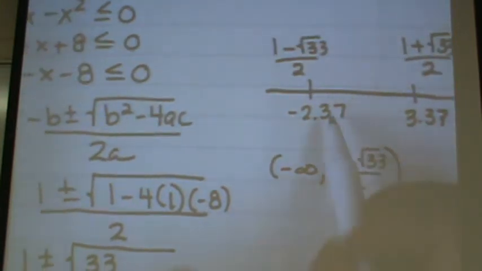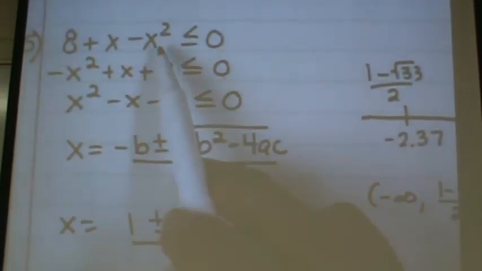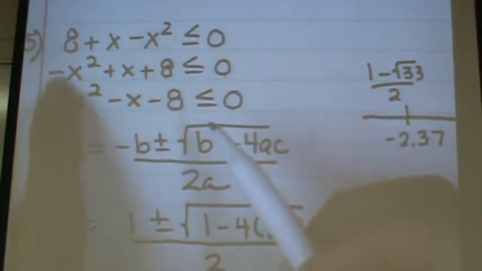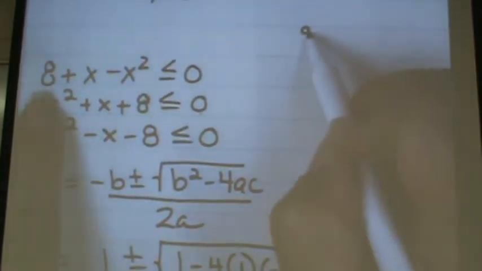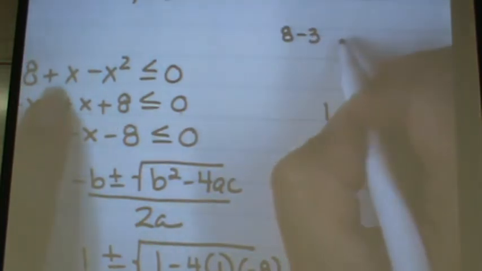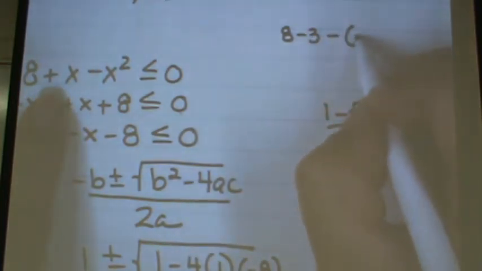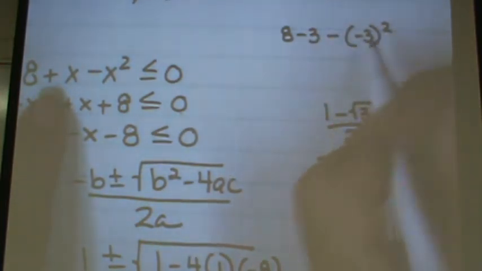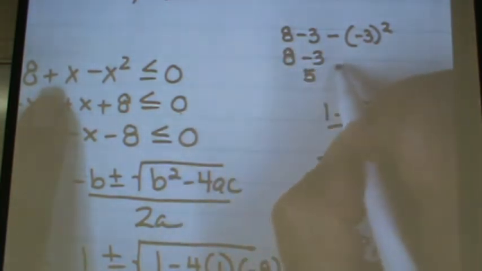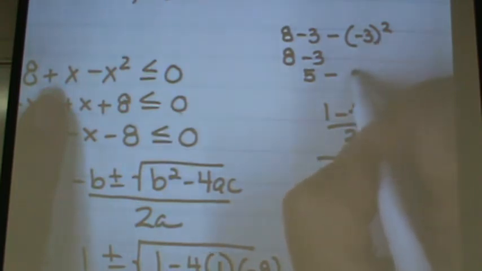That's our first interval. If we picked negative 3, you'd have to evaluate this and see if it works. So what is 8 plus negative 3, so minus 3, minus negative 3 squared, which is going to be a 9. So what's 8 minus 3, which is 5, and then minus 9.